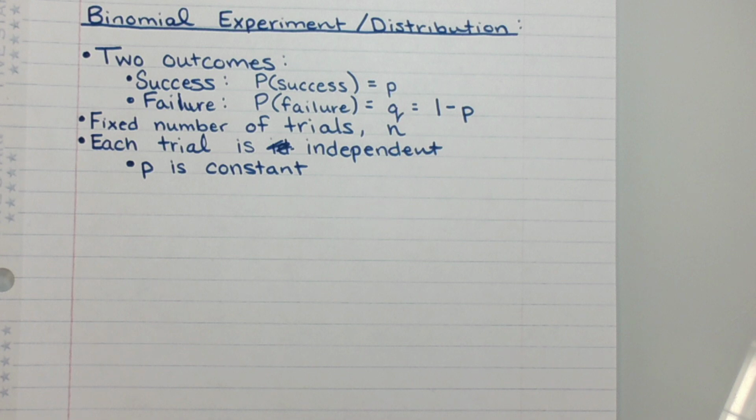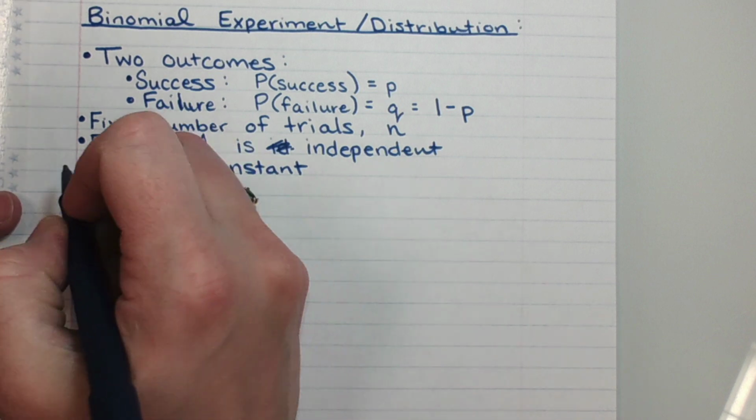So if you want it to be binomial, then after you draw that card, it must go back in the deck so that the number of cards in the deck has not changed. Otherwise, you've changed probabilities. So p must be constant in order to be binomial.